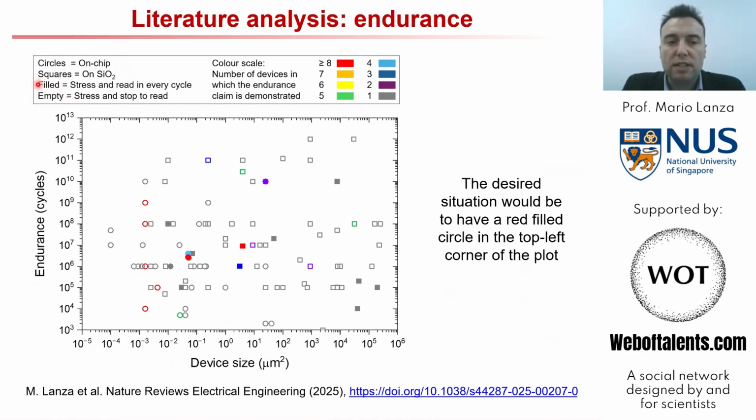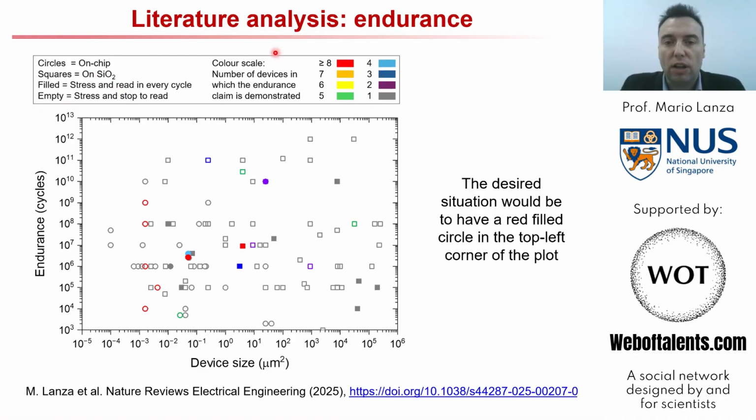And we use filled symbols if they stress and read in every cycle, and empty symbols if they only use a few data points. And also we use different colors depending on the number of devices that have been tested.